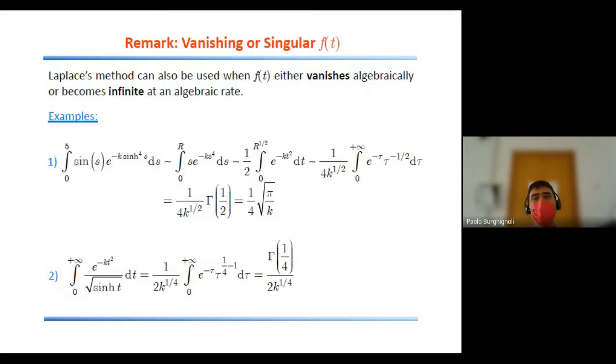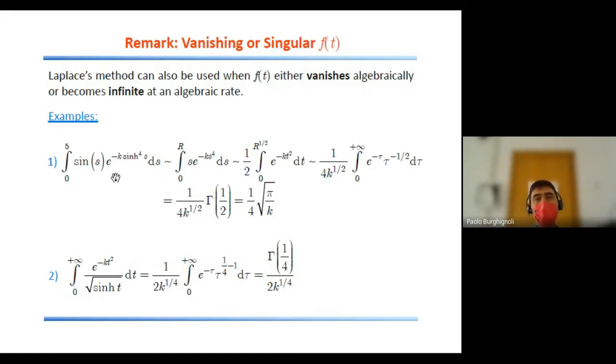Other remarks are that Laplace's method can also be used when the function f either vanishes algebraically or becomes infinite algebraically. For example, imagine you have been given this kind of integral from 0 to 5 of the sine function of s times the exponential e to minus k, the fourth power of the hyperbolic sine of s. Now, first of all, from an asymptotic point of view, you can replace the upper integration limit with an arbitrary number, r.